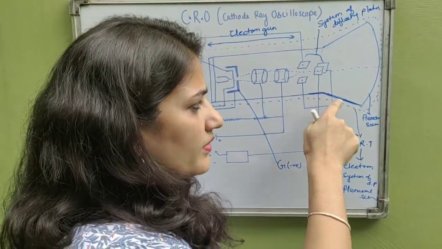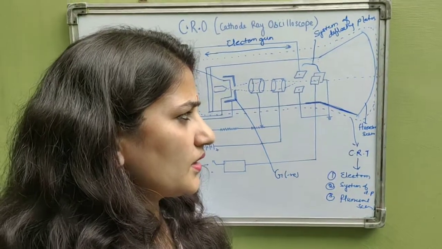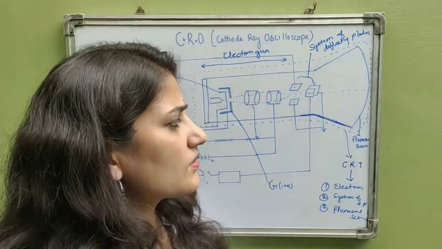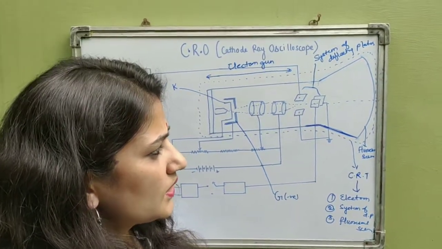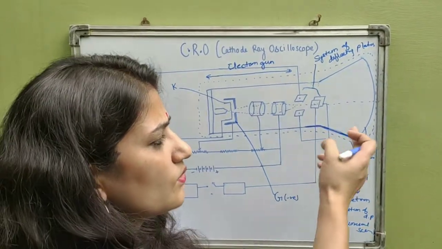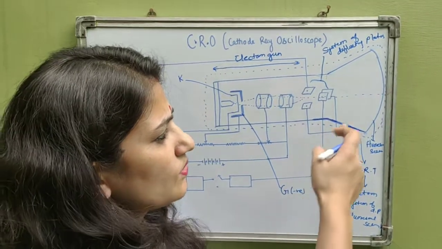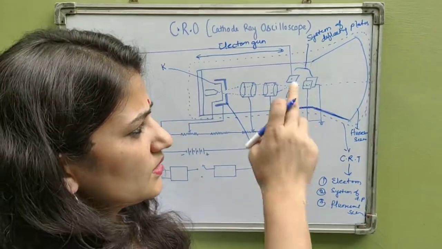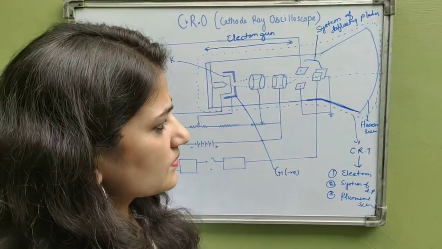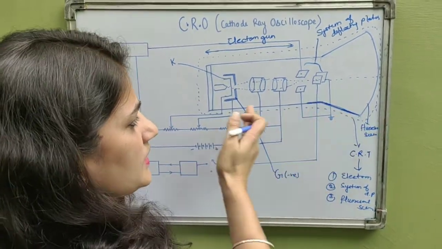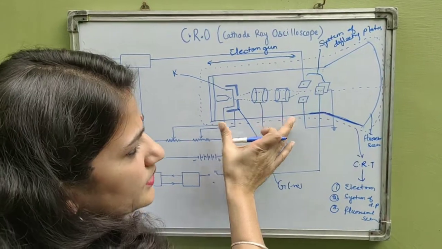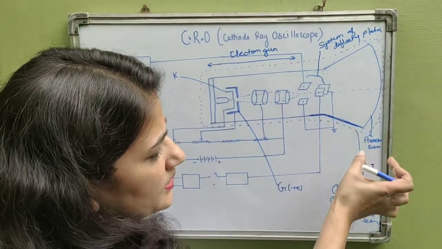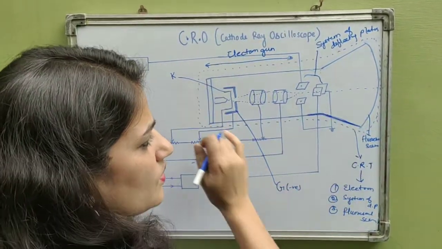This layer of graphite is known as the aquadag coating, and its purpose is to absorb the secondary electrons, so they will not form a cloud or disturb the normal functioning of the CRO. This is a CRT. A CRT consists of an electron gun, the system of deflection plates, and the fluorescent screen. This is all about the CRT.